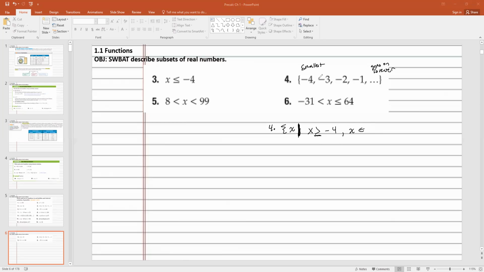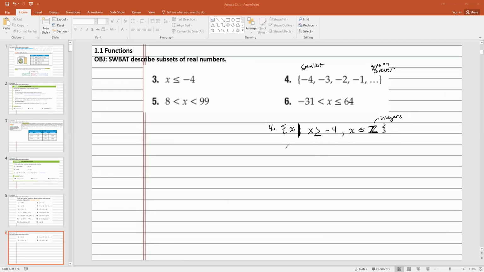It doesn't include irrational numbers, rational numbers. So here we just have integers. And remember, integers is a Z. Integers are the positive and negative whole numbers, kind of.